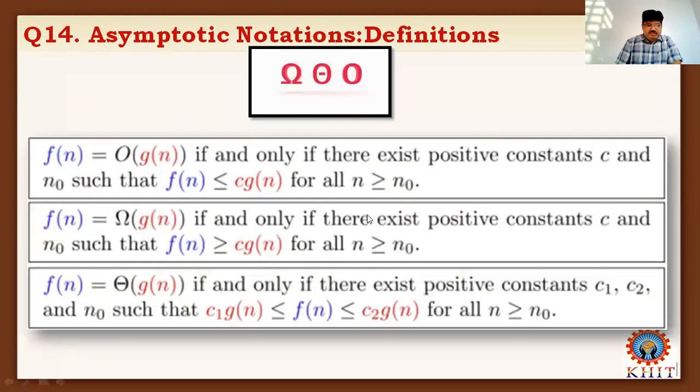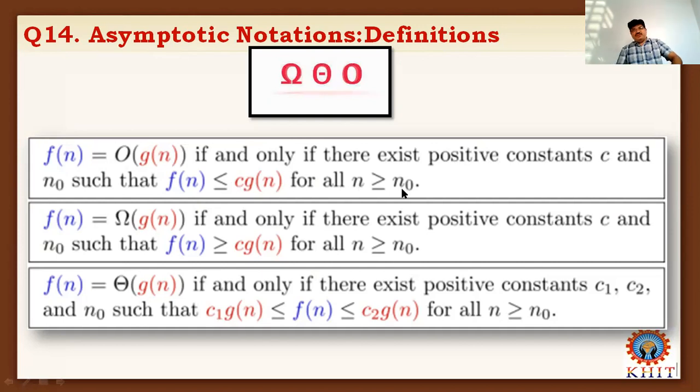The definitions of the asymptotic notations, the definitions of big O notation, omega notation, and theta notation, and their comparison will be discussed in this slide. Consider f of n as a function and g of n as another function. A function is said to be big O of g of n if and only if there exist positive constants C and n naught such that the given function f of n is less than or equal to C into g of n for all n greater than n naught.